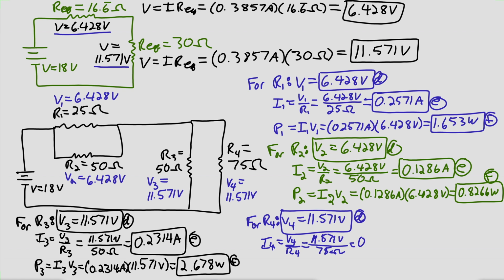So I4 is going to be equal to 0.1543 amps.